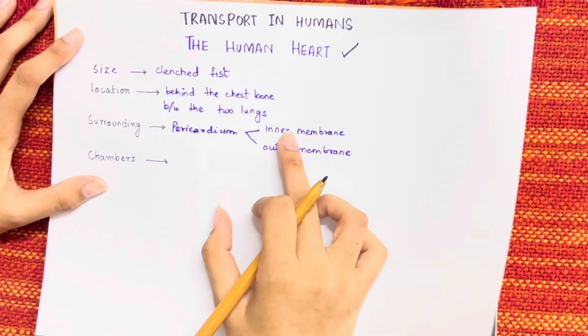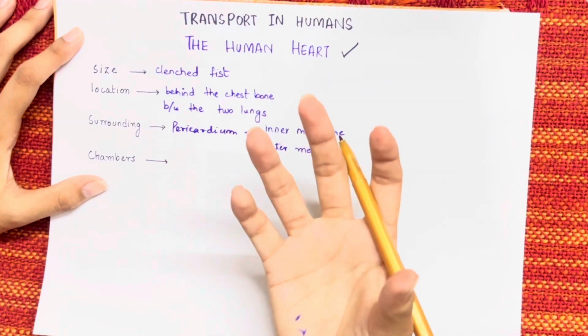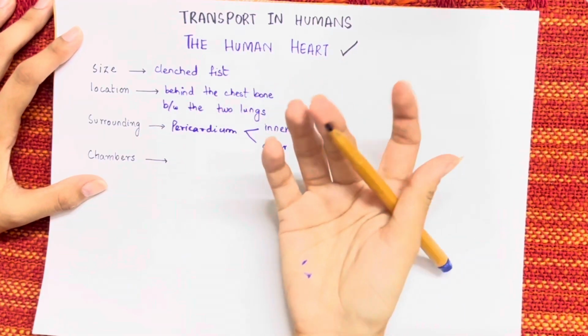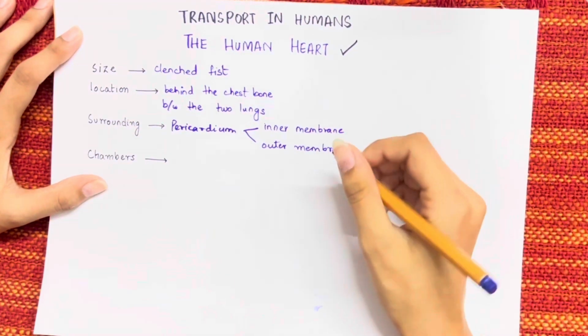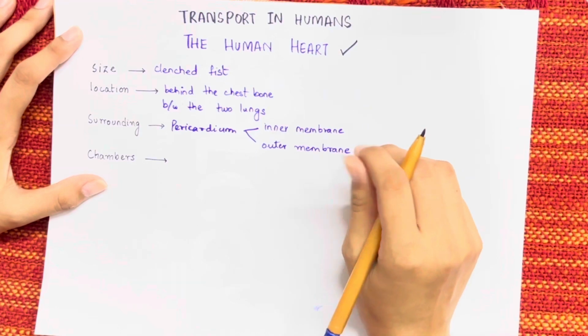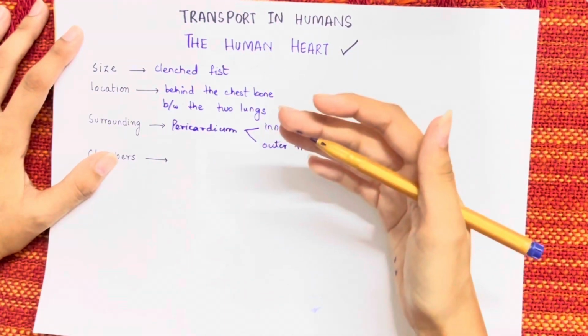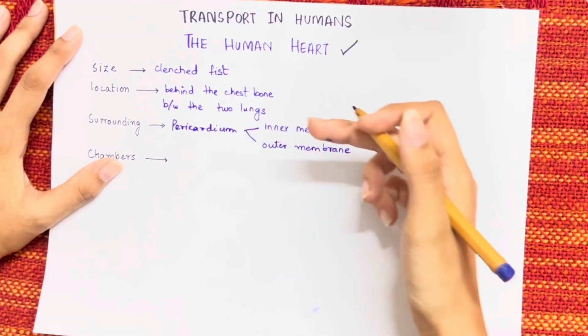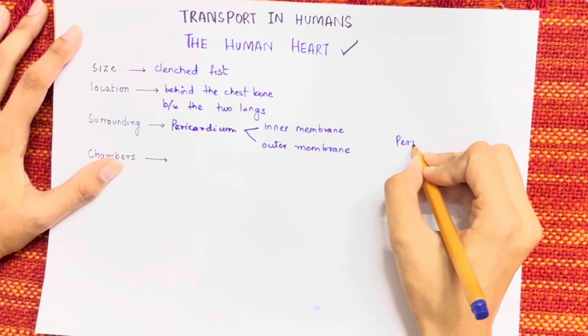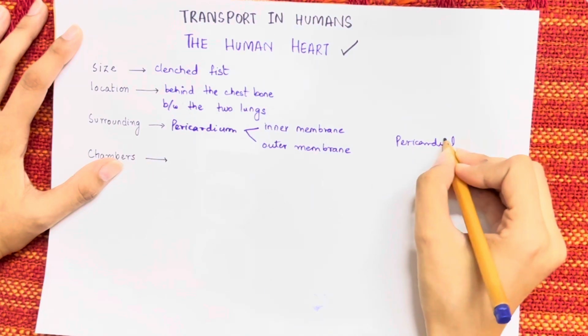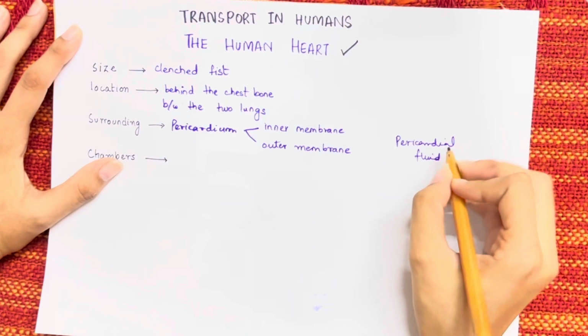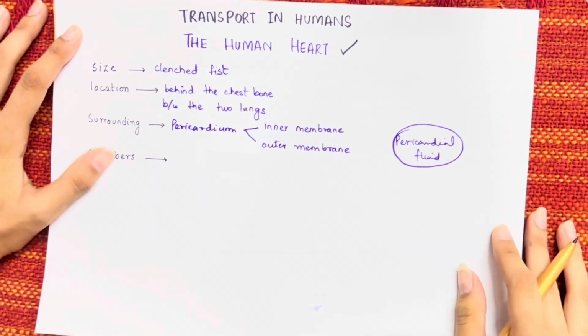The inner membrane is in contact with the tissue making up the heart. Between these two, there is a material, or you can say a pericardial substance, that reduces friction, termed the pericardial fluid. The pericardial fluid avoids any kind of resistance between them.